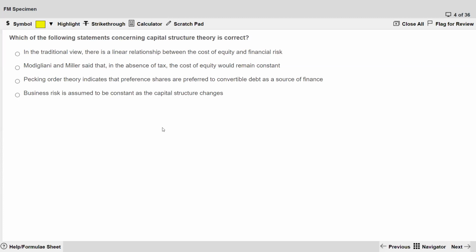The next is about the capital structure theory. So what's the input of you people on this capital structure theory?